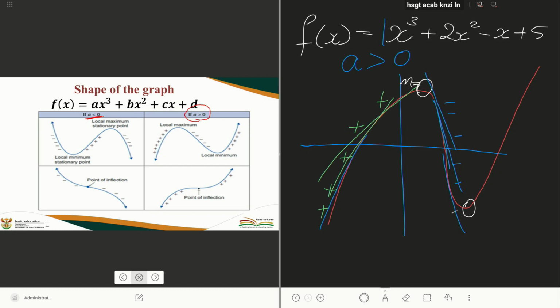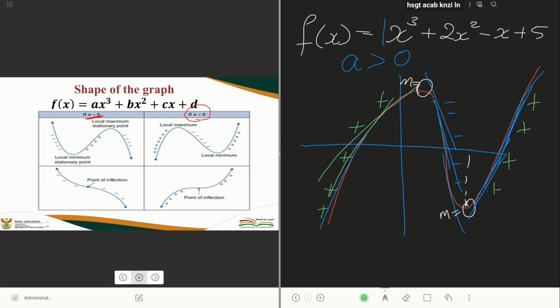The gradient there is equal to 0. Then, after this stationary point, I see that my graph is going up. At any given tangent point of contact, I see that the gradient is positive.